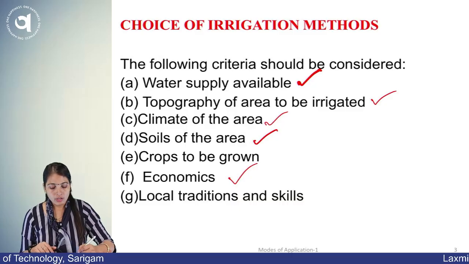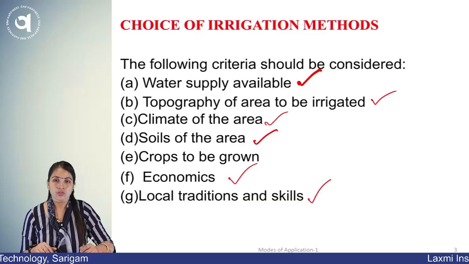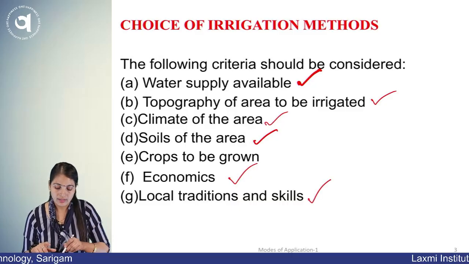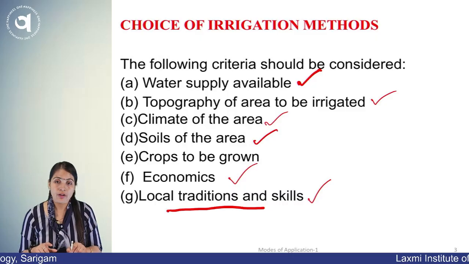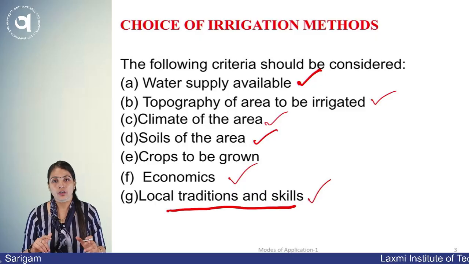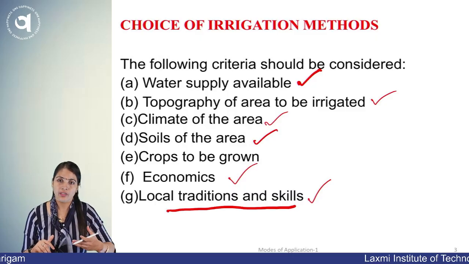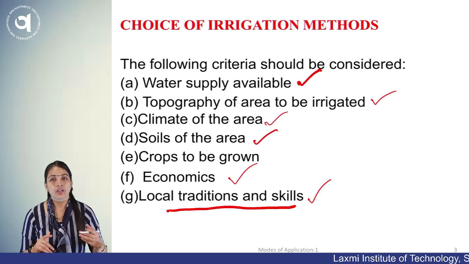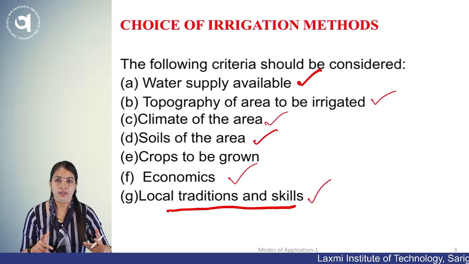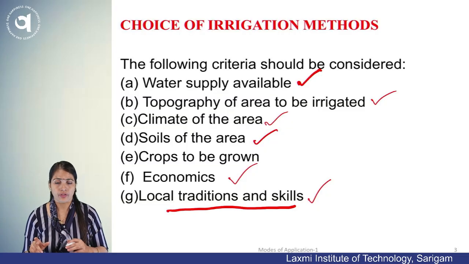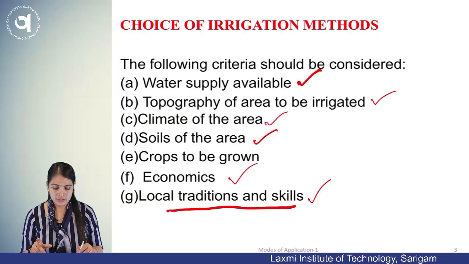And then local tradition and skills. I think this depends on the mentality of the farmers. Whatever methods they traditionally follow in the area, they will try to adapt that method. It's very difficult to change their mind and adapt different methods of irrigation. So skills and tradition matter most.